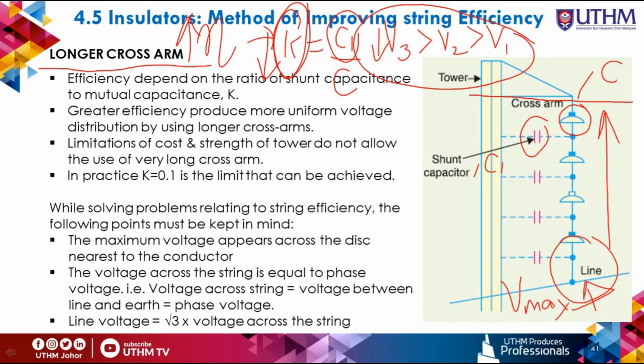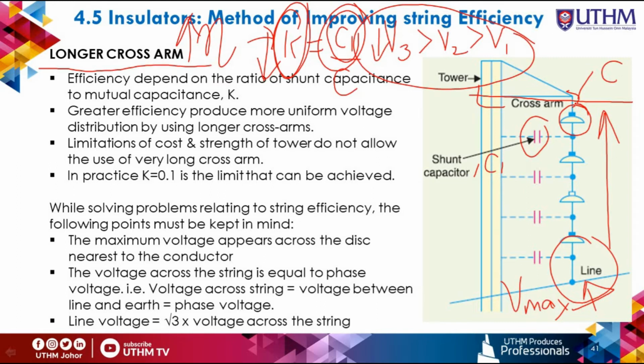In order to reduce the shunt capacitance, we have to increase the distance of the conductor from the tower, which means we have to lengthen the cross arm.